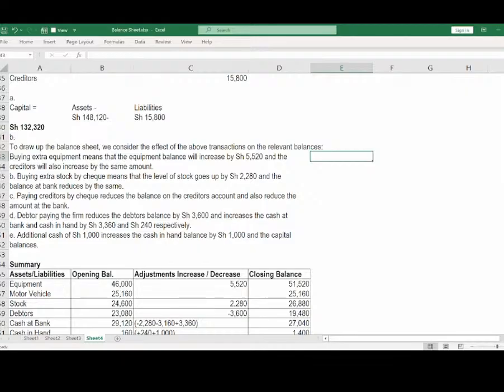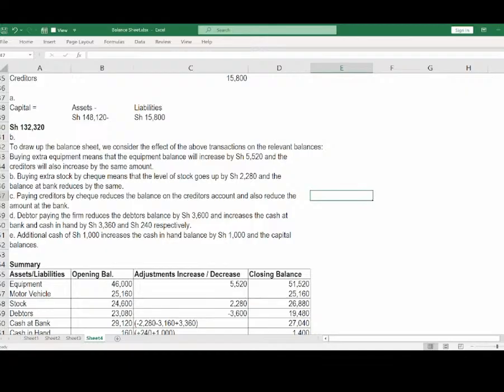So buying extra equipment means that the equipment balance will increase by 5,520 and the creditors will also increase by the same amount since the equipment was bought on credit. Also, buying extra stock by cheque means that the level of stock goes up by 2,280 and the balance at bank reduces by the same.